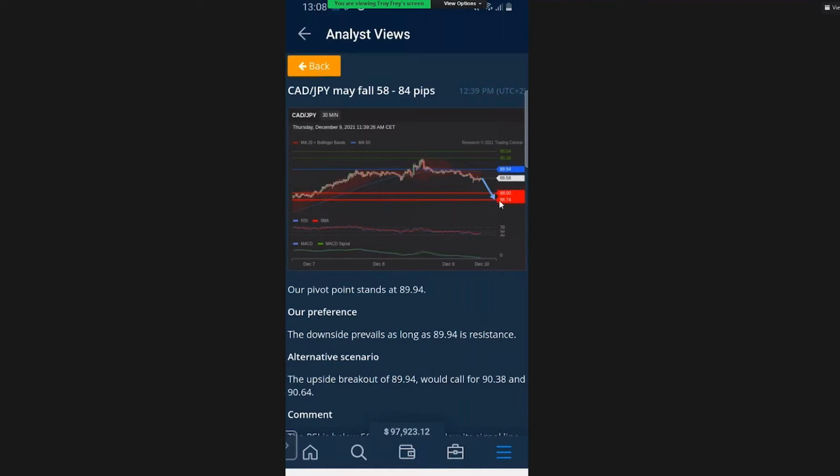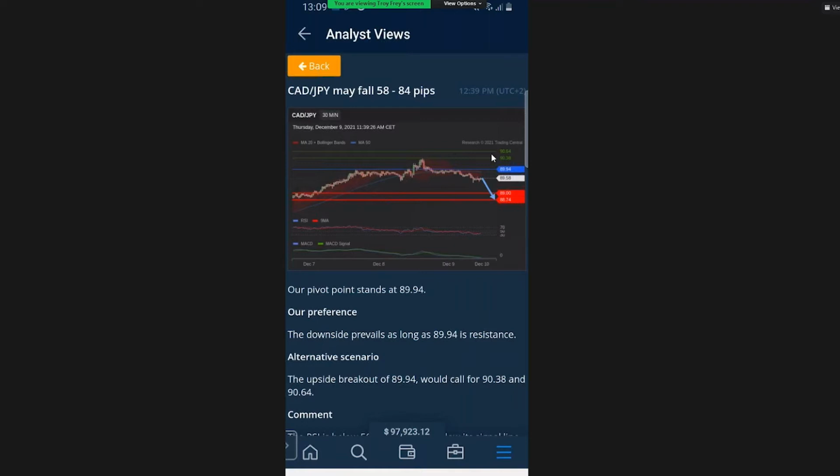Okay, depending on where you want to take your profit, 88.74. And so the price levels are there, the support and resistance levels are drawn. The red lines are the take profits on the market sell that they're saying is the preference. And if the price is above this blue line, then the alternative scenario is buy and take profit up here.